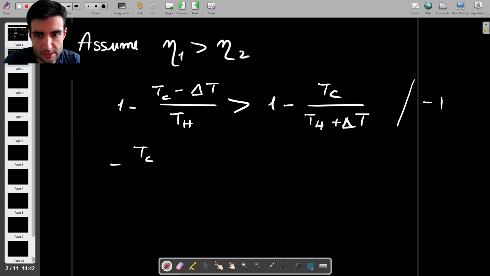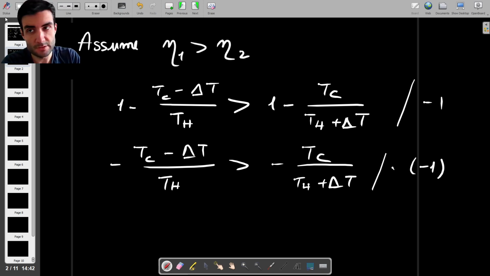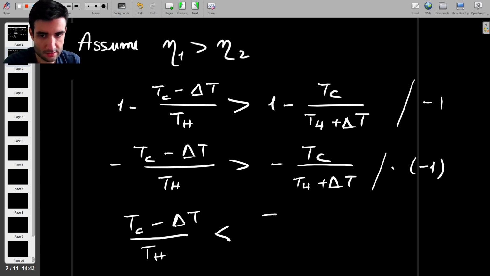So this is going to be minus T cold minus delta T over T hot, and that's greater than minus T cold over T hot plus delta T. And now to get rid of the minus signs, we can multiply by minus 1. But because it's an inequality, when we multiply by minus 1, we have to swap the sign, so from greater than, it's going to become less than. So we have this less than T cold over T hot plus delta T.